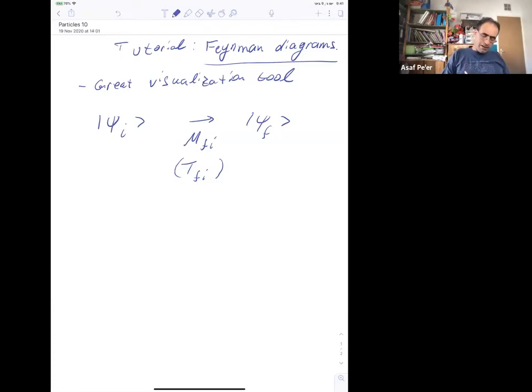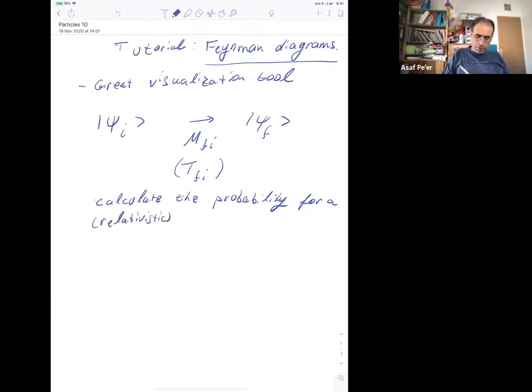So it helps us calculate the probability for a relativistic scattering process. I say relativistic because it's true for non-relativistic too, but of course it's also true in the relativistic case.